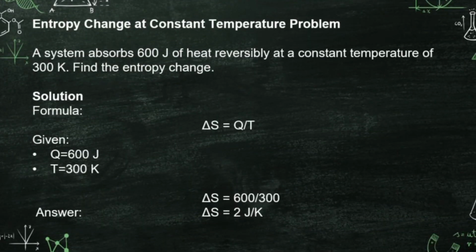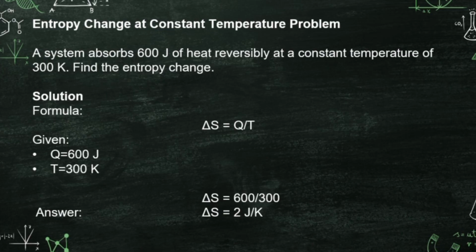Let's solve our example. A system absorbs 600 joules reversibly at a constant temperature of 300 Kelvin. Find the entropy change. So the given values are heat equals 600 joules and the temperature equals 300 Kelvin.